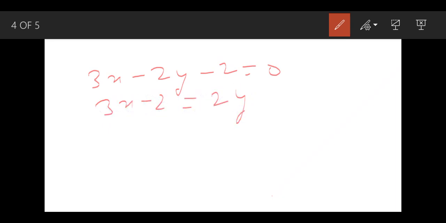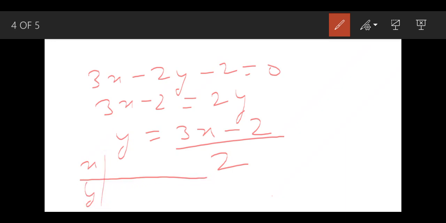So 3x minus 2y minus 2 is equal to 0. 3x minus 2 is equal to 2y. So y will be equal to (3x minus 2) whole upon 2. We will make the table.